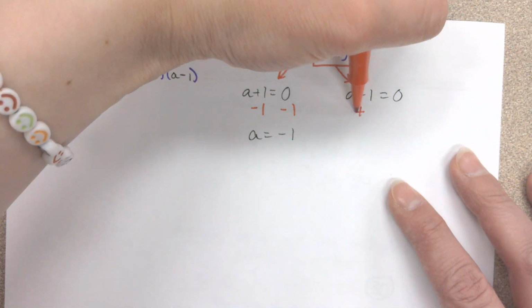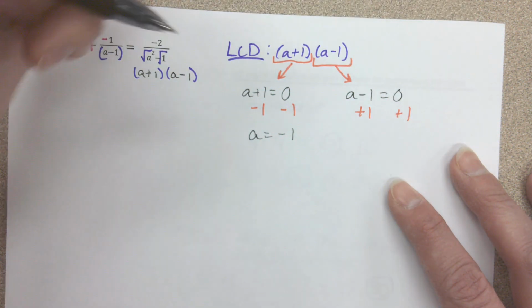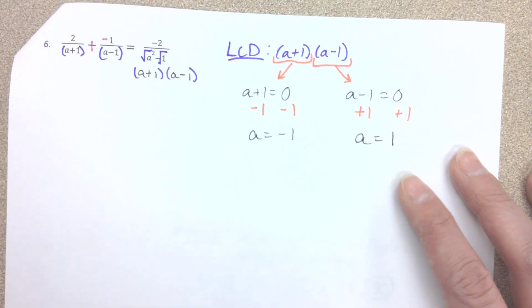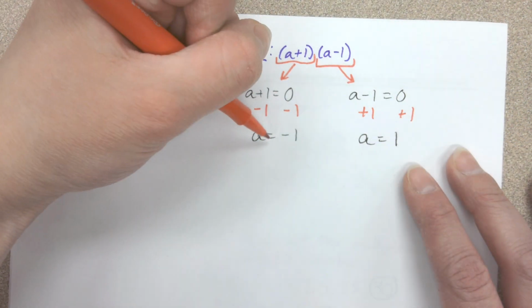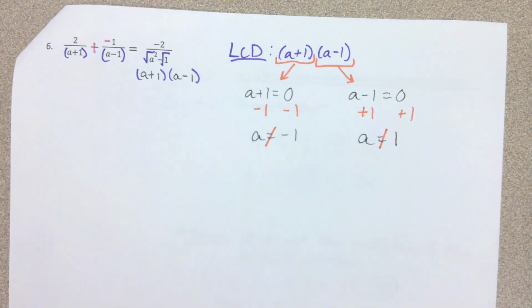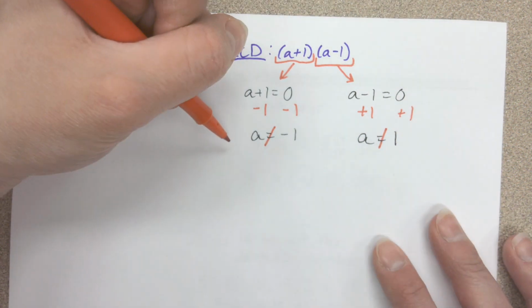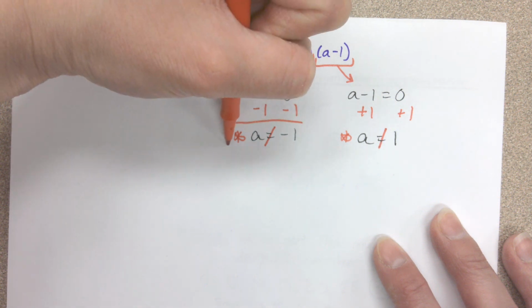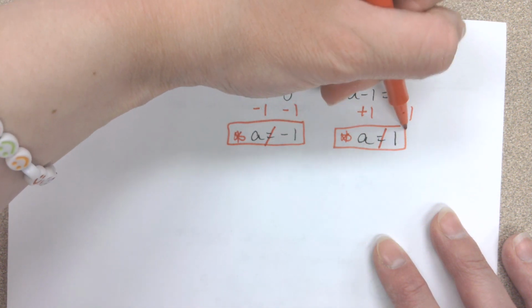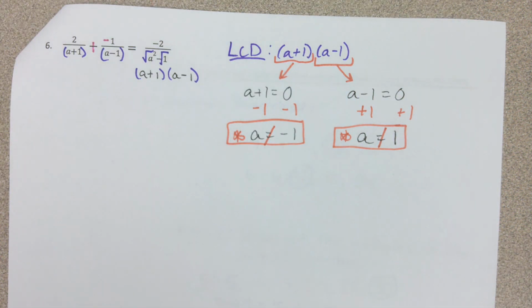Other equation, we'll add 1 to both sides. A equals positive 1. So these are the fake answers. That is what A is not allowed to be at the end of the problem. So keep an eye out for both of those. If I get either of those answers, it is no solution.